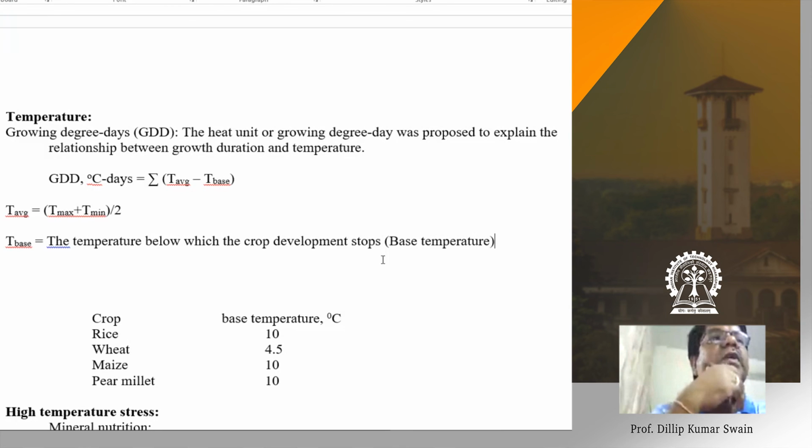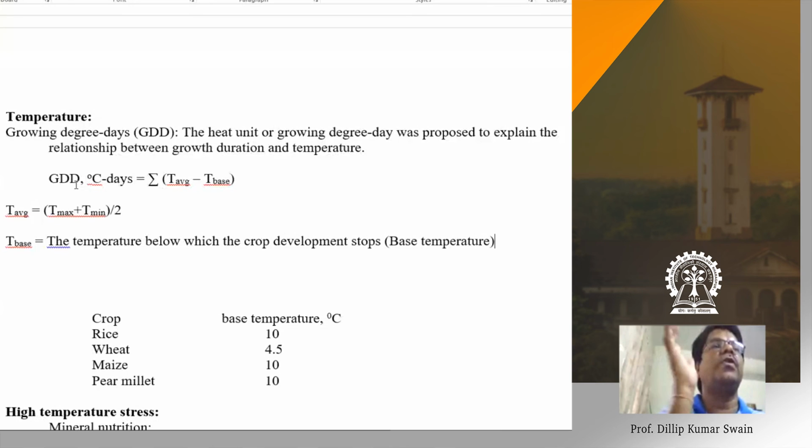The duration also increases if there is a very low temperature. So to get the duration for a particular stage, we calculate the growing degree days, which is a photothermal unit or heat unit that remains constant for transformation from one stage to another. It's growth stage specific.